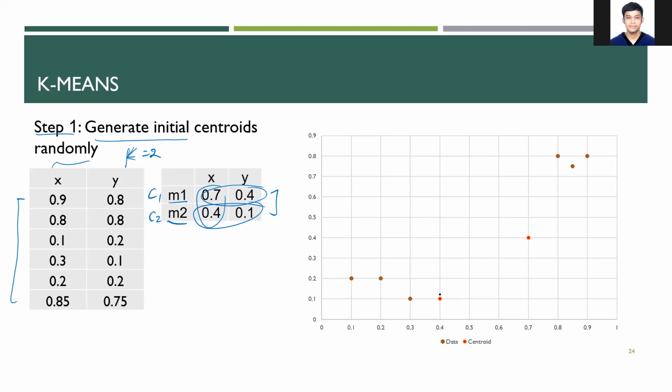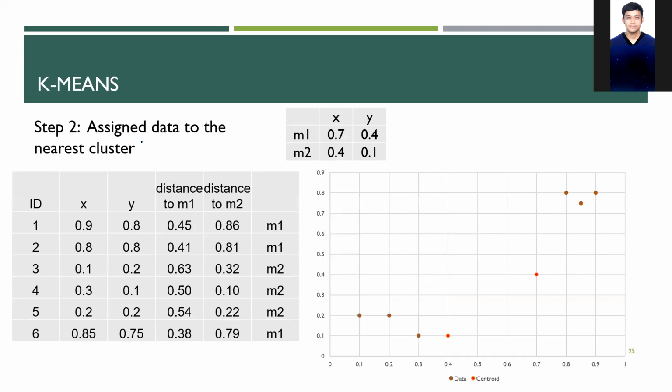In the picture, this one is 7, 4 here. This is cluster 1, centroid 1. This one is centroid 2. Then after I have these two centroids, the next step is to assign each data point to the nearest center.